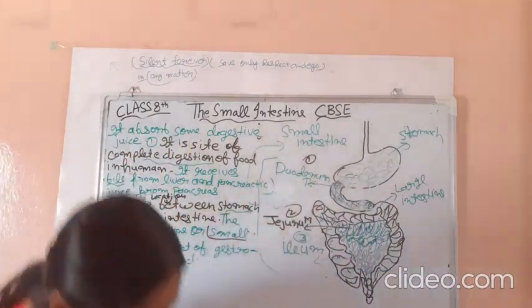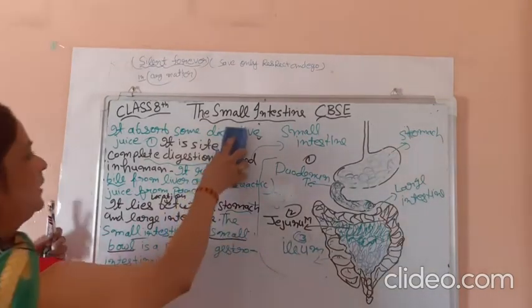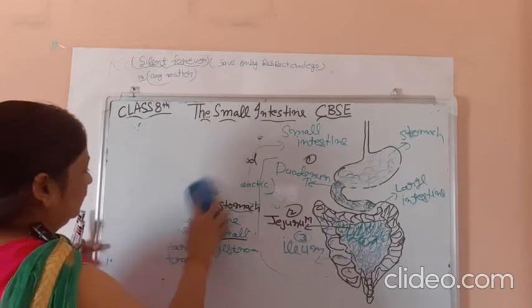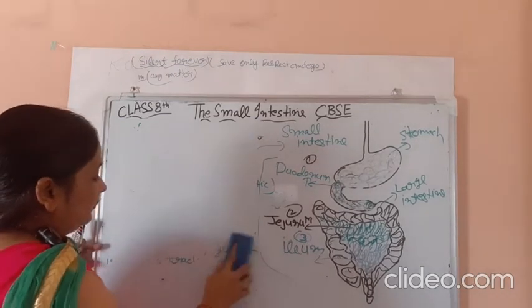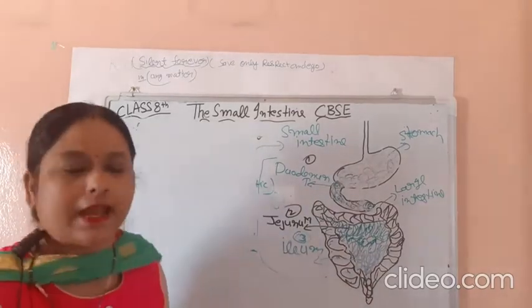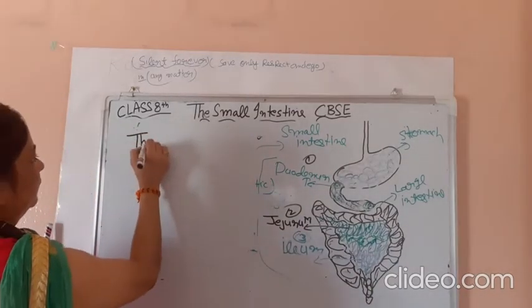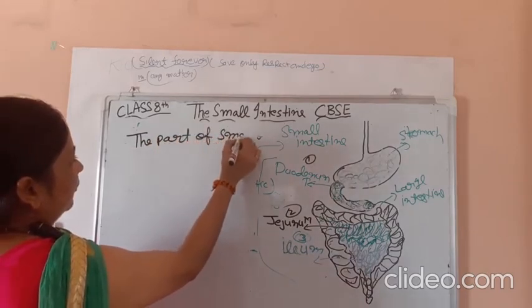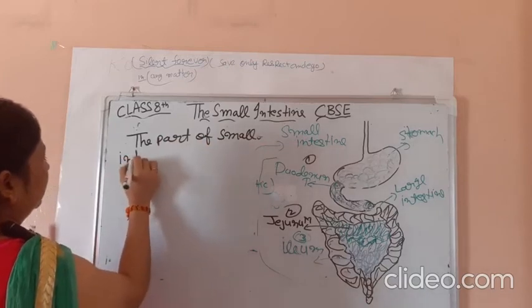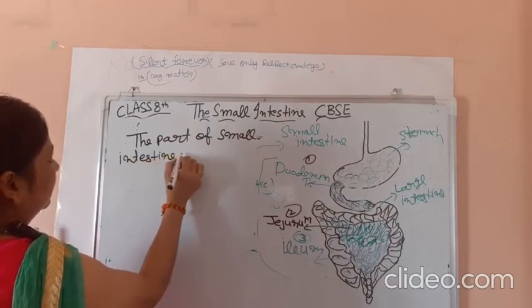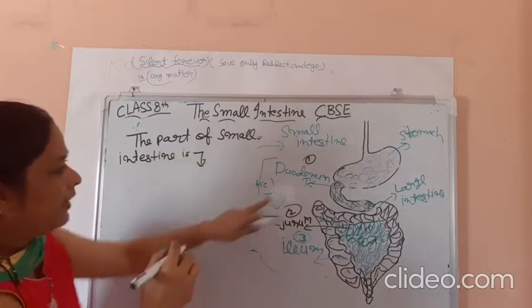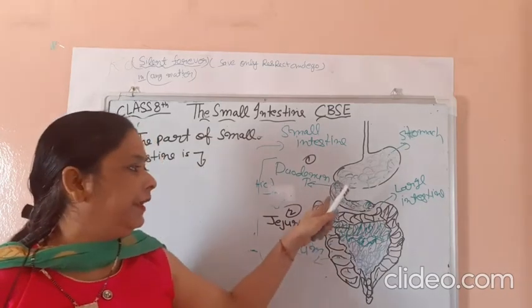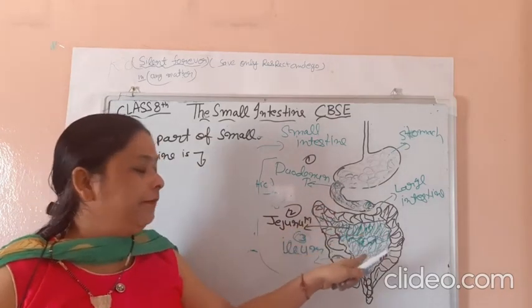The parts of the small intestine are first the duodenum, which is a very small part, and then the jejunum and ileum.